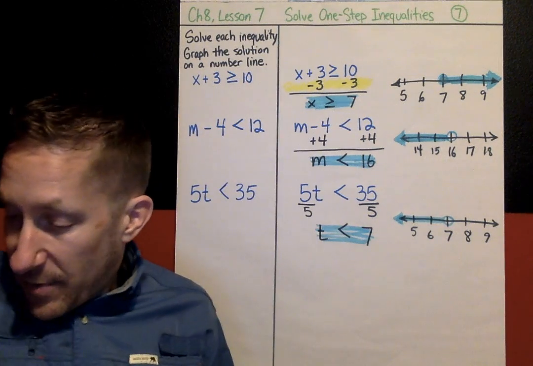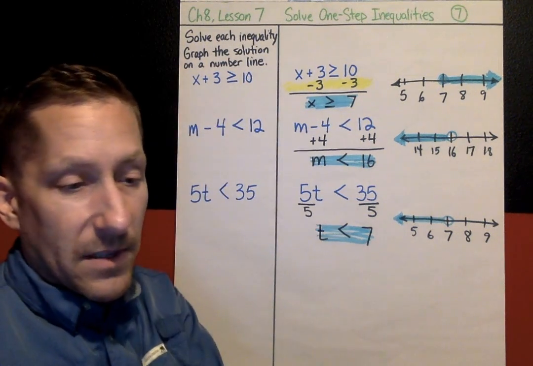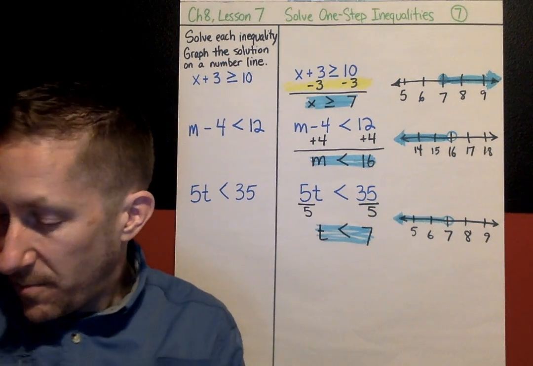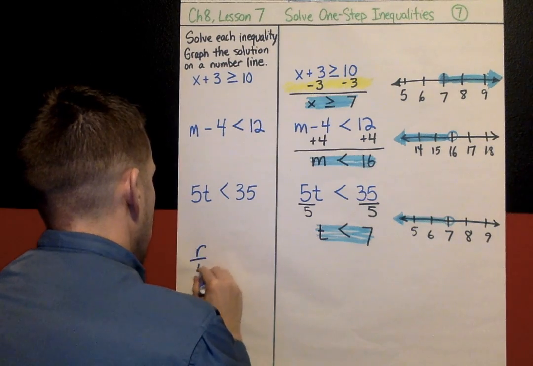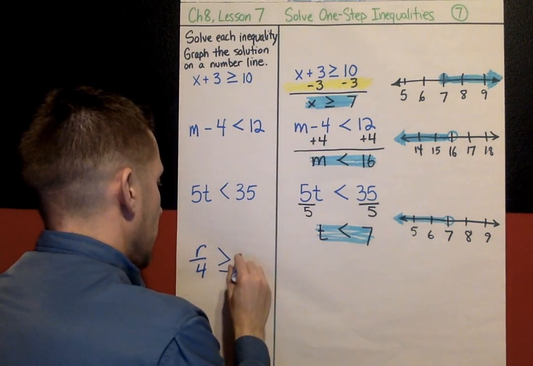One last example, and then you get to practice. The last example looks like this. Whoops, I want blue. My examples. Got r over 4 is greater than or equal to 2.